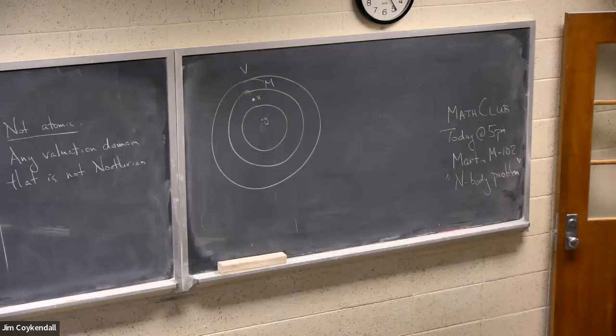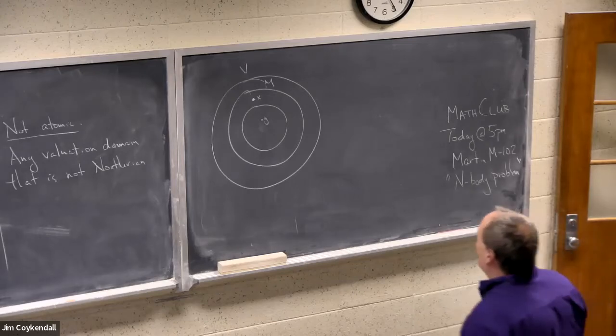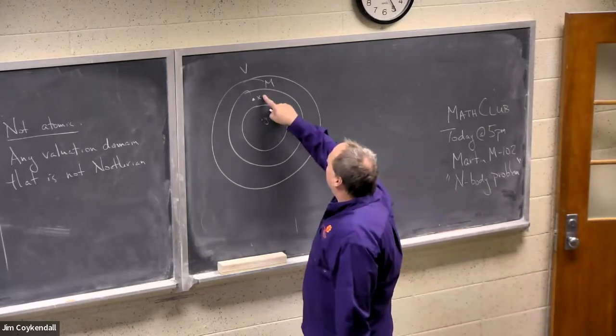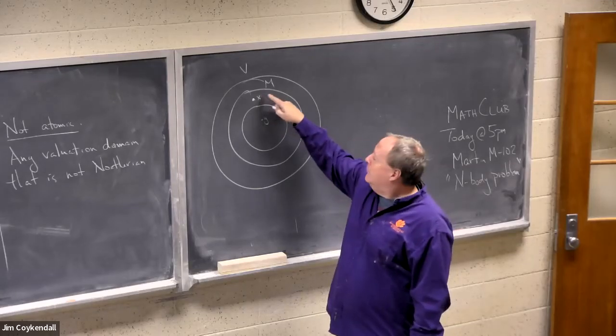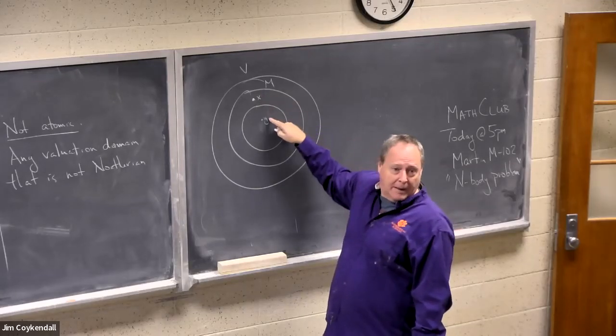What's the basic definition of a valuation domain? Any pair of elements, one of them divides the other. So suppose you got two atoms, call them Bill and Fred. All of a sudden, Bill divides Fred, and Fred divides Bill, and they're associates, right? I think those two guys are always hanging around. So there can be at most one atom, right? And so take something in a smaller prime ideal, y.